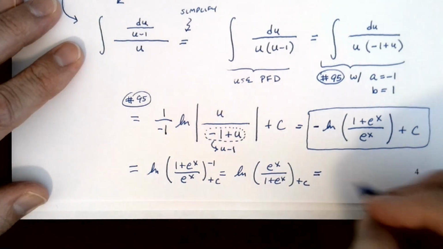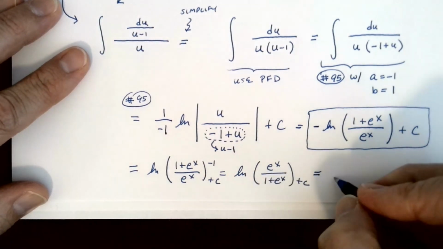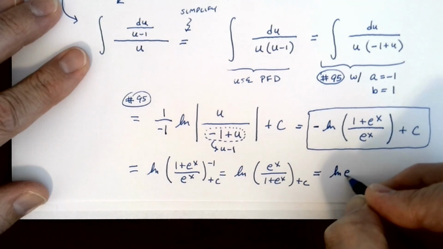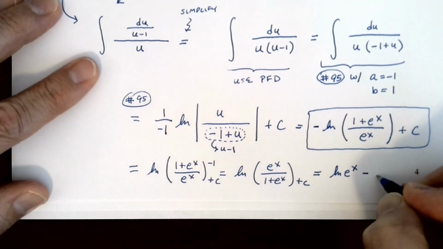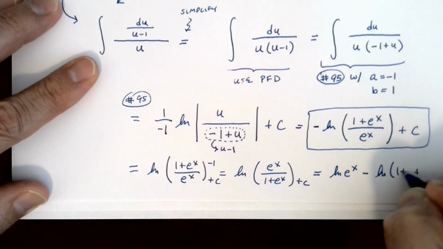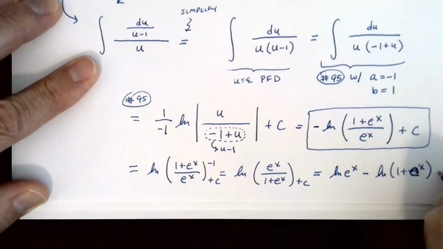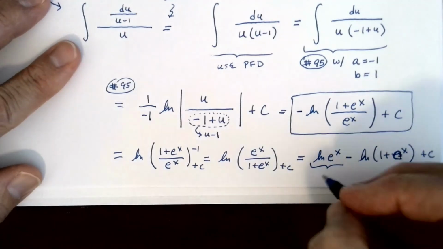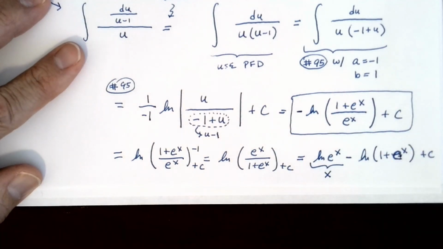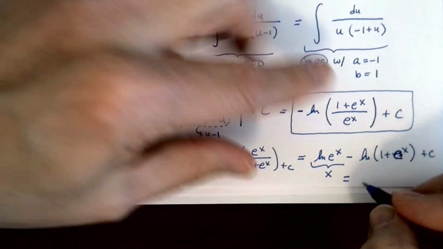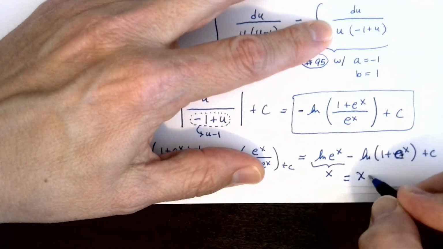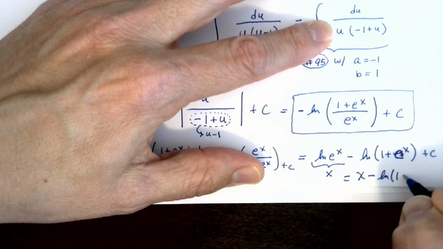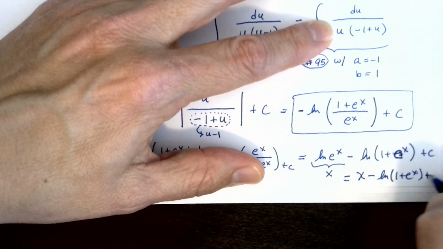But I can also simplify more, because the natural log of a quotient is the difference of the natural logs. This is natural log of e to the x minus natural log of 1 plus e to the x plus c. And what is the natural log of e to the x? It's just x. And so another possible answer is x minus the natural log of 1 plus e to the x plus c.